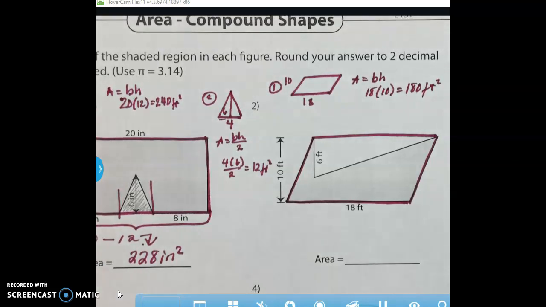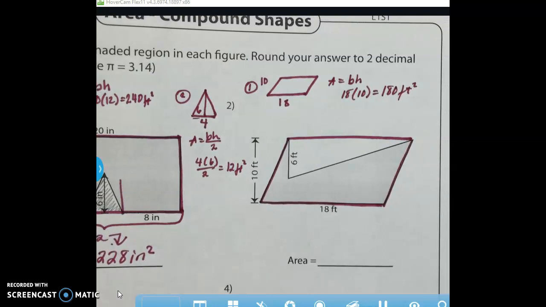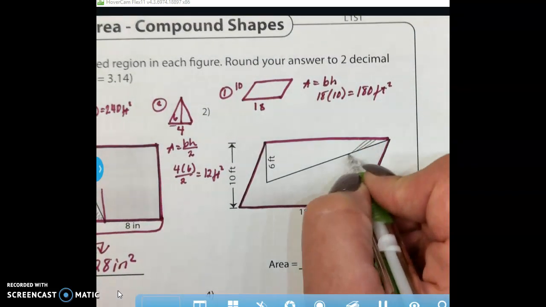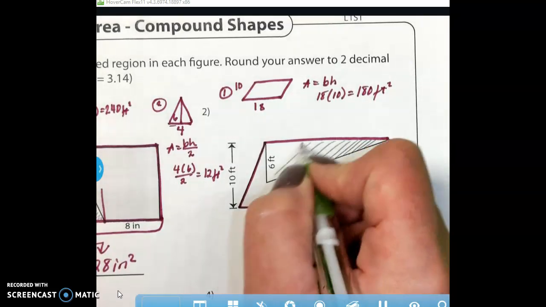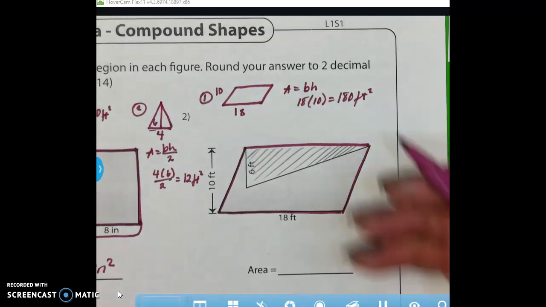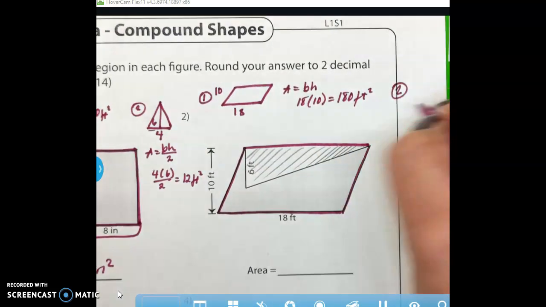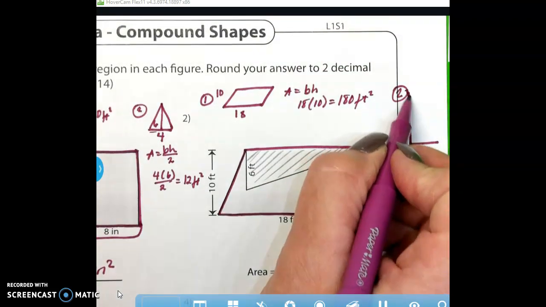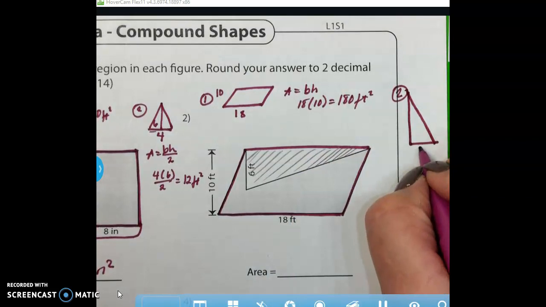All right, step number 2. So we had a parallelogram, and now we see that we are missing a piece from this side right here that looks like a triangle. So let's break down what kind of triangle was missing. So this triangle right here has the measure of 6.